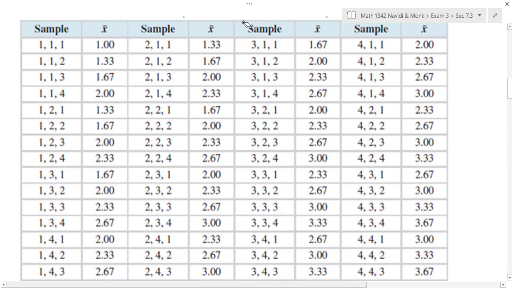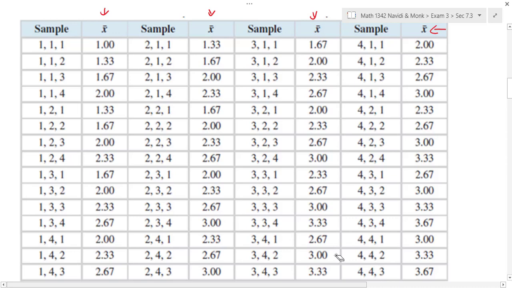So this table represents every possible number combination of rolls with 3 tetrahedral dice. These numbers right here in this column are the average values of the 3 numbers that turn up when I go through all of these rolls.